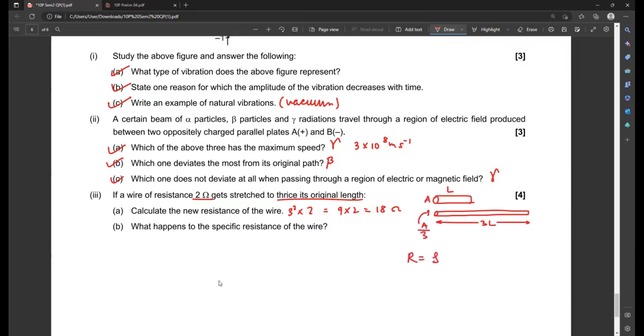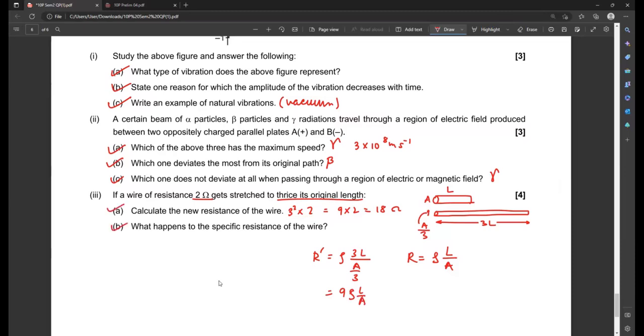Resistance is resistivity times length upon area of cross section. So the new resistance will become 3 times the length, and area is 1/3. So 9 times the original. You don't need to show this working, but at least show this part.